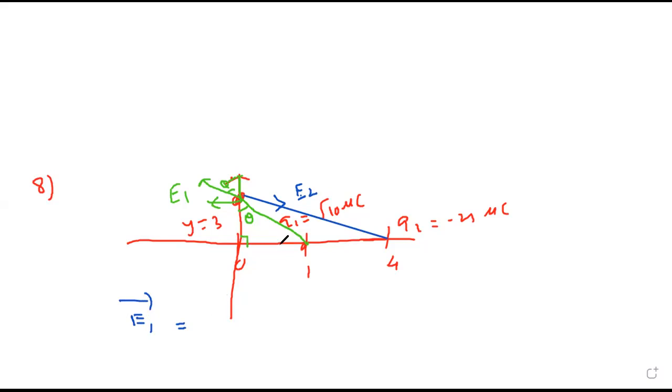This distance is nothing but 1 and this distance is 3, they have given. So magnitude wise it is 9 into 10 raised to 9, which is 1 upon 4 pi epsilon, into charge, which is root 10 micro, means 10 raised to minus 6, upon distance. What will be this distance? This one?